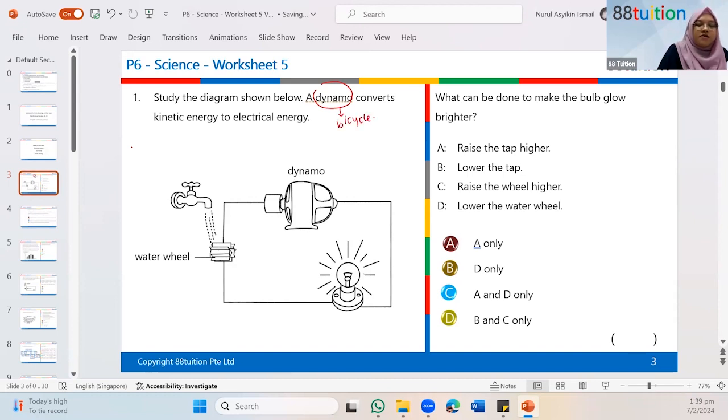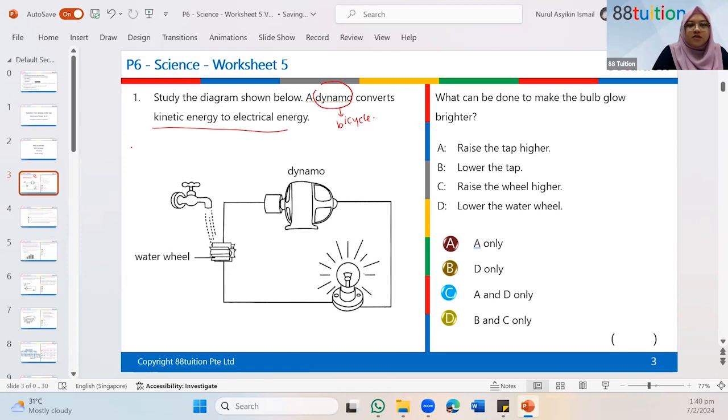What is the energy conversion inside a dynamo? They convert kinetic energy to electrical energy. But in this case, the dynamo is placed in just a circuit, and the kinetic energy is from the running water that goes through the water wheel.